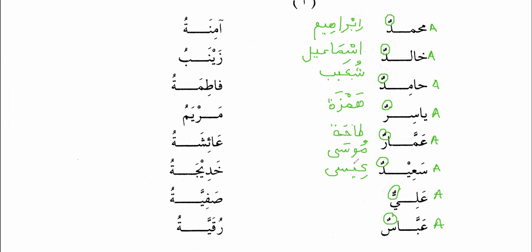So these are very rare names. Some male names may come with ta marbuta, some male names may come with alif makhsura. So these are very rare. And some Ajami names or foreign names are Ibrahim, Ismail, Shuaib, then Idris, and Ilyas.